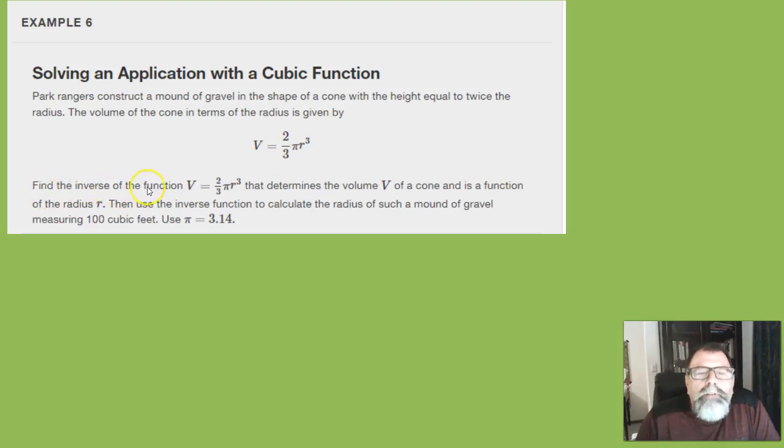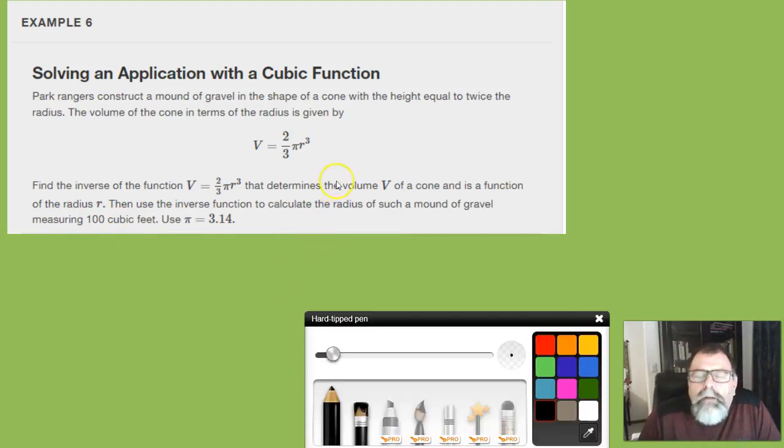Find the inverse of the function V equals 2/3 pi r cubed that determines the volume V of a cone and is a function of the radius r. Then use the inverse function to calculate the radius of such a mound of gravel measuring 100 cubic feet. Use pi equals 3.14.